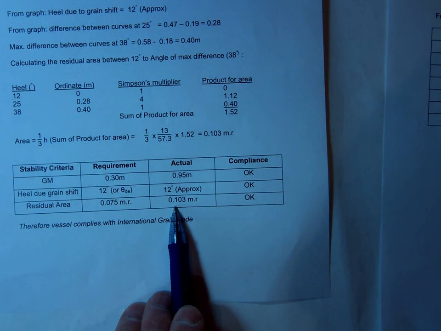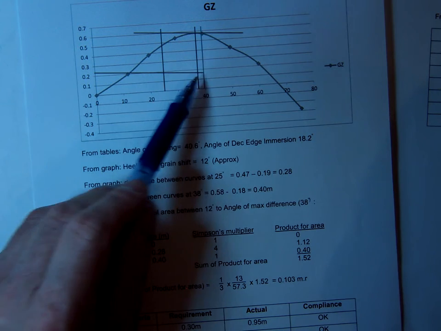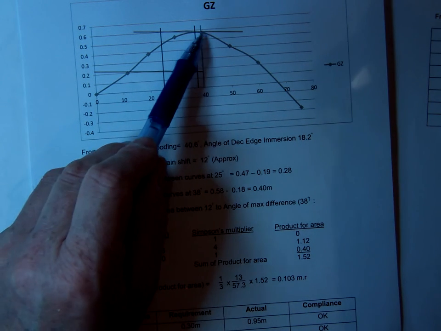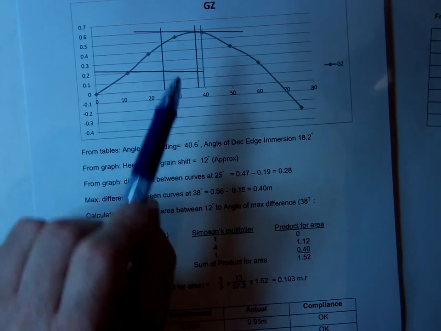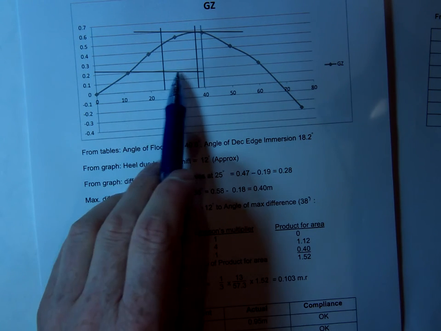This vessel complies. You have to be a bit careful with working out these values. You've got 12 degrees and 38 degrees here, so we have to go from 12 to 38 when we're using Simpson's rule, and we have to ensure that we have a common interval between the two. These two values are the same.